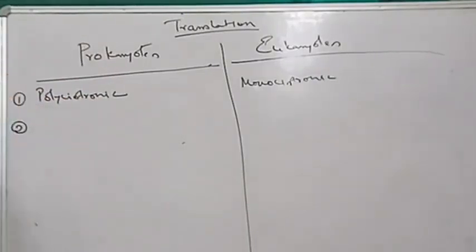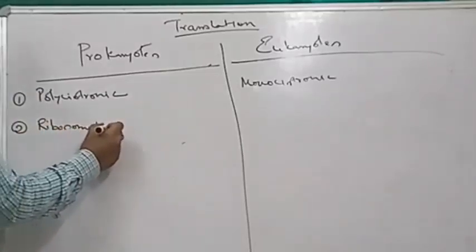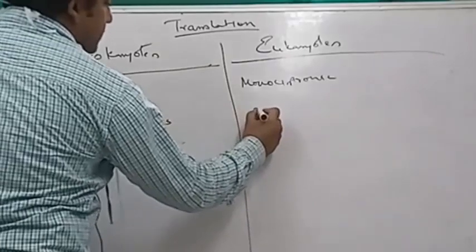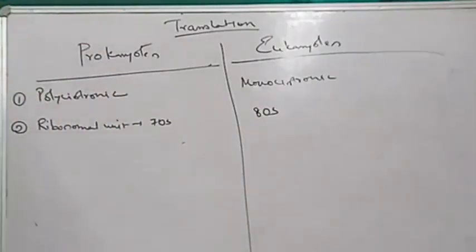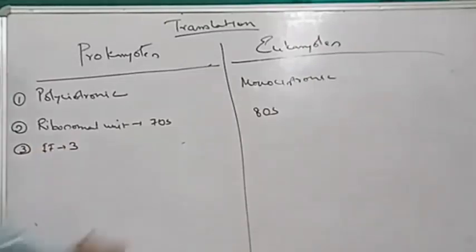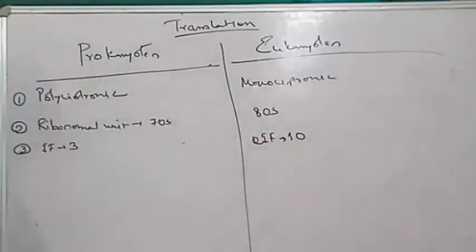Number 2, what can be the difference next? The difference is going to be your ribosomal unit. It is 70S, here it is 80S. Number 3, your initiation factors will be 3. Here eukaryotic initiation factors will be around 10, and a few of the factors will be multi-subunit.